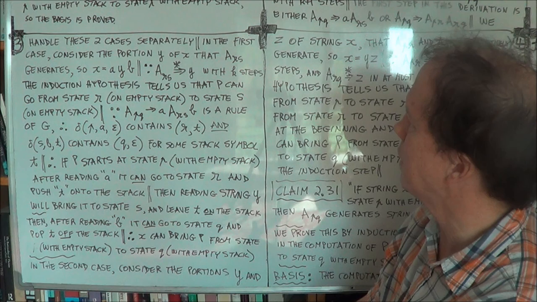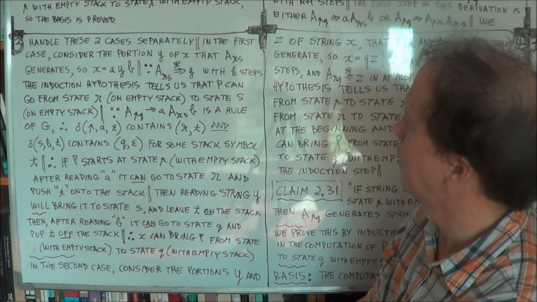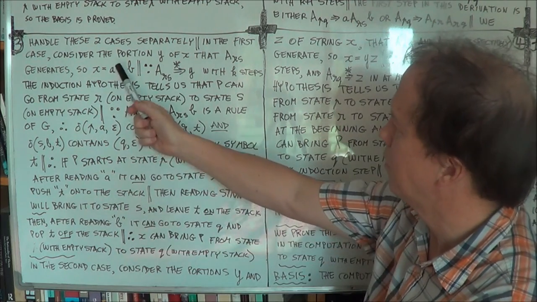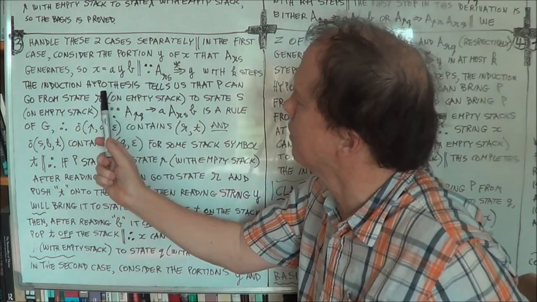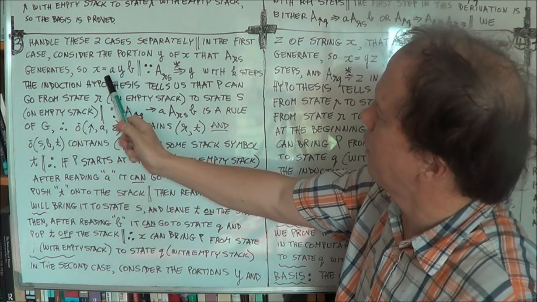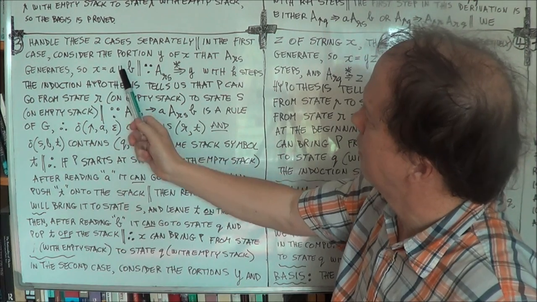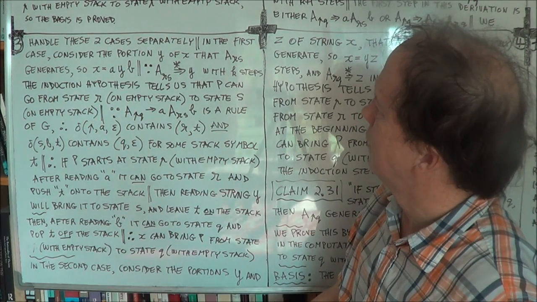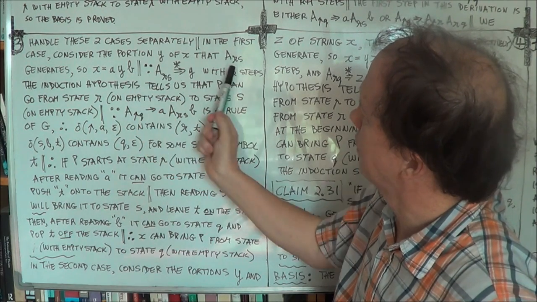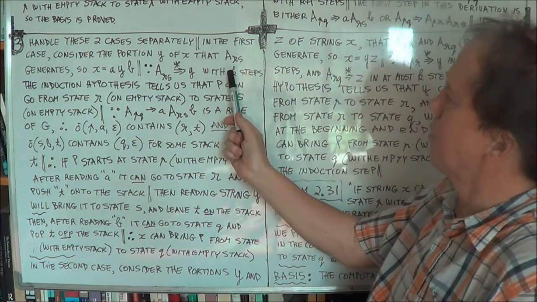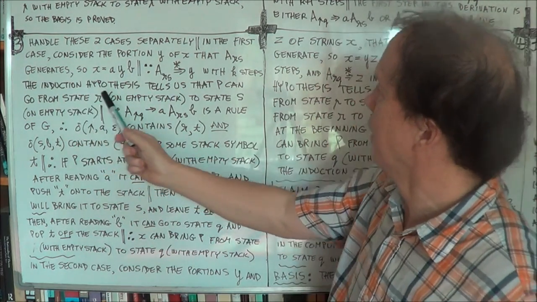Now, why is it k steps? Why not k plus 1? It's a real puzzle there. So you've read your first symbol, and then you start reading your second, and I'm not quite sure why it's k steps, not k plus 1. Well, anyway, think about that. All right.